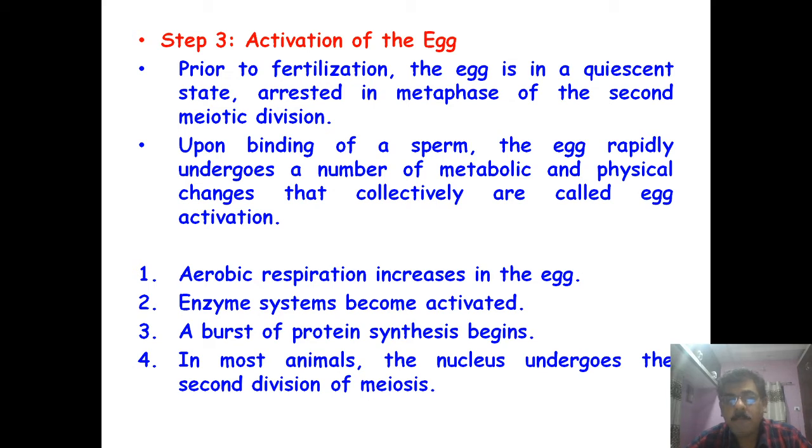First, what happens during egg activation? Aerobic respiration increases in the egg. The enzyme systems become activated. A burst of protein synthesis begins, and in most animals the nucleus undergoes the second division of meiosis.